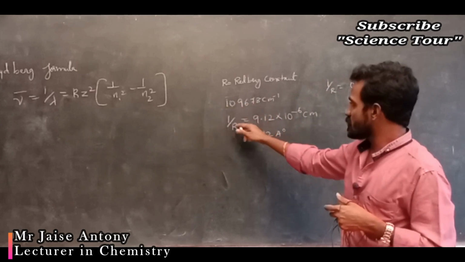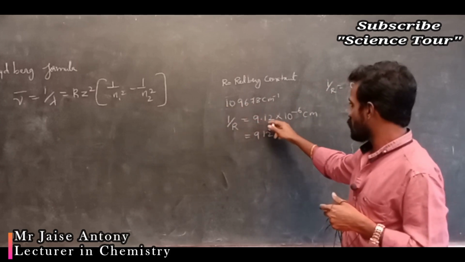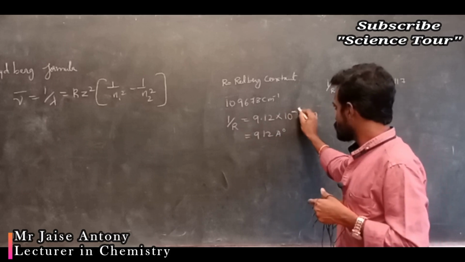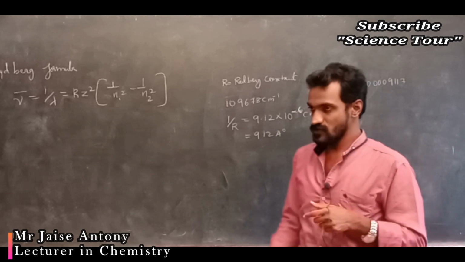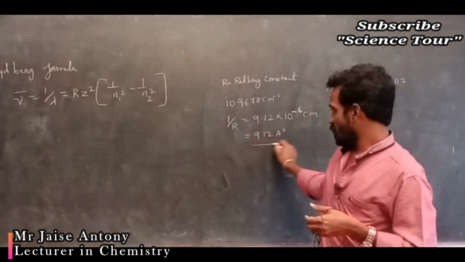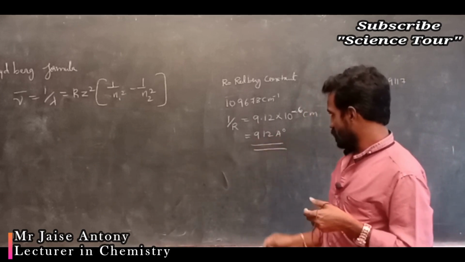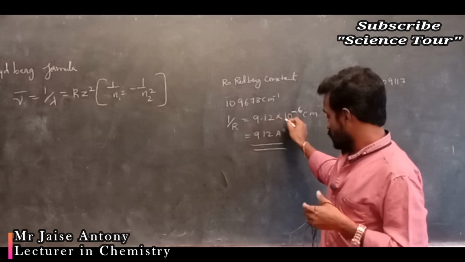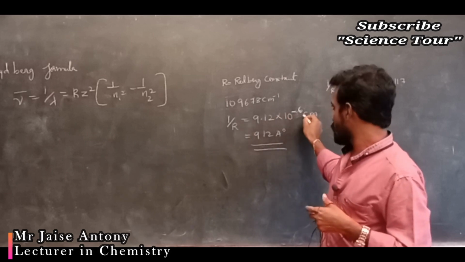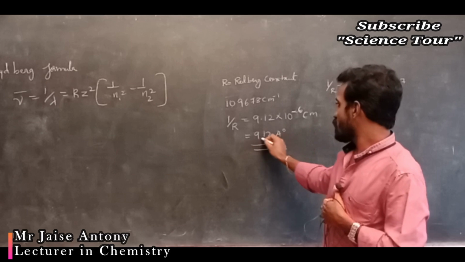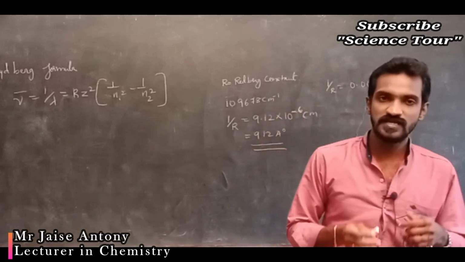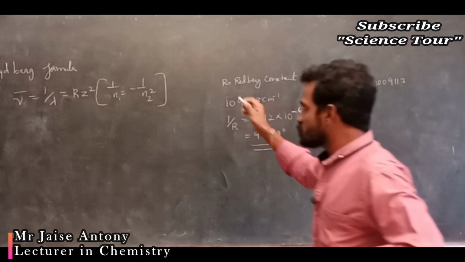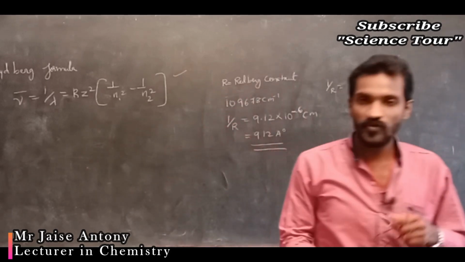As a shortcut I can write 1 by R is equal to 9.12 into 10 to the power minus 6 centimeter, shifting the decimal, or I can say 912 Angstrom. This is the Rydberg formula. Note down this one. Using this we will do problems.